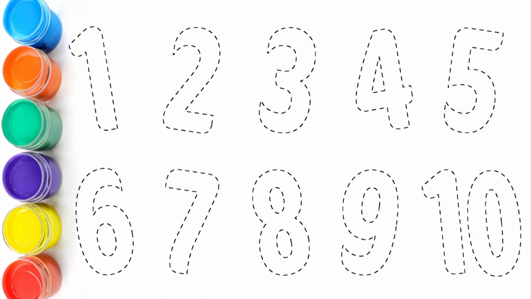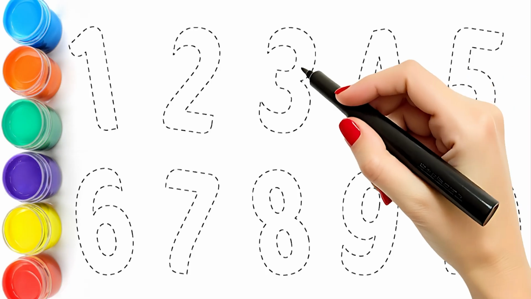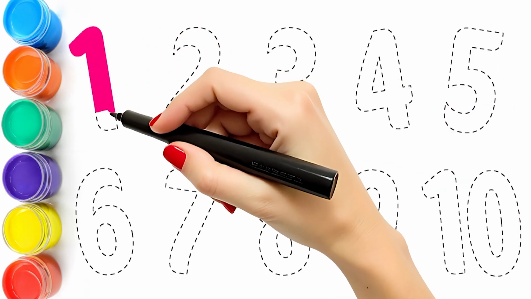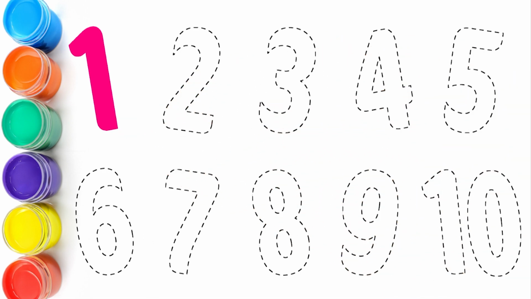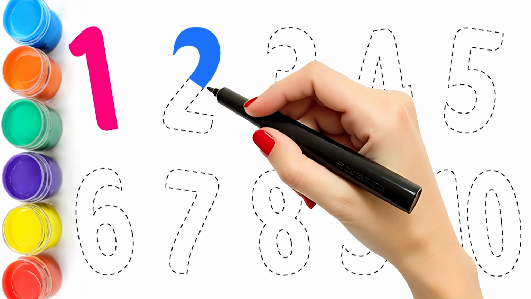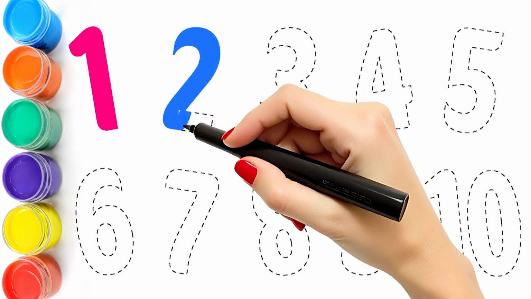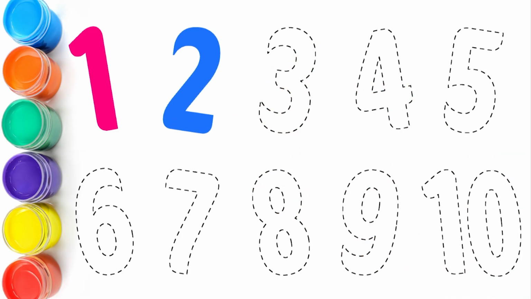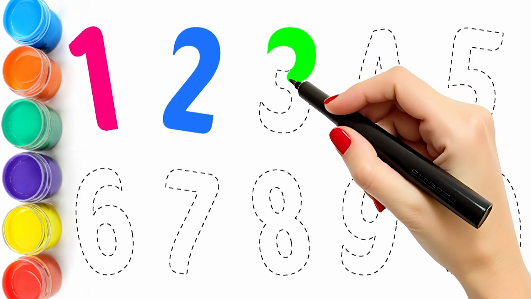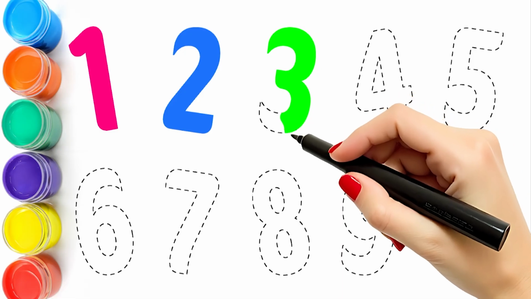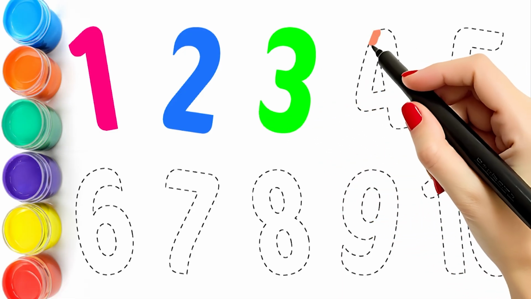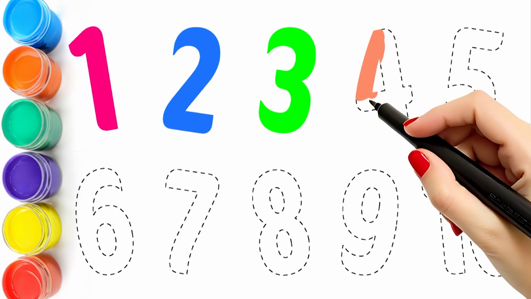E, F, G, H, I, J, K, L, M, N, O, P, Q, R, S, T, U, V, 1, W, X, Y, and Z. Now I know my ABCs. Next time, won't you sing with me? 3, I know my ABCs.